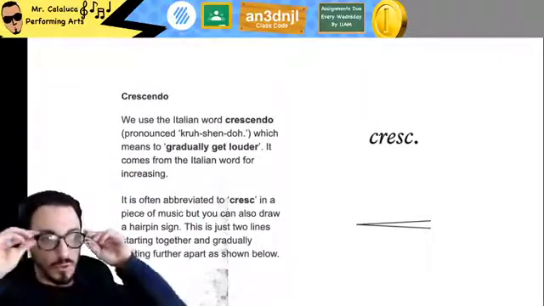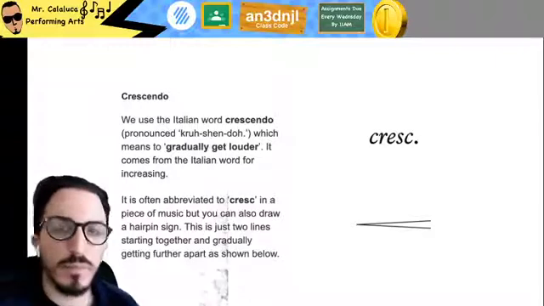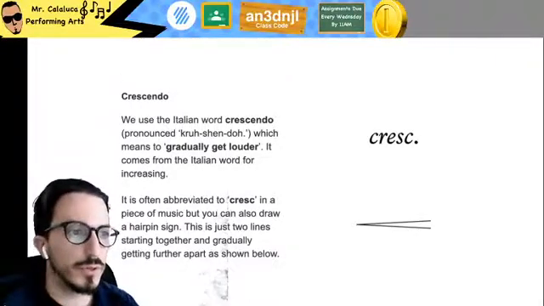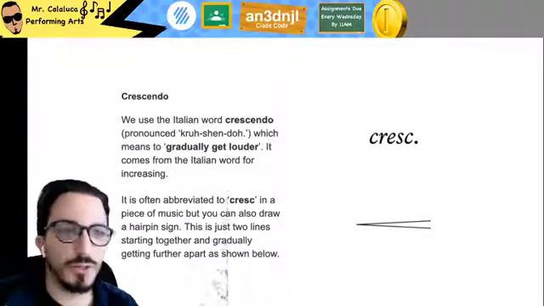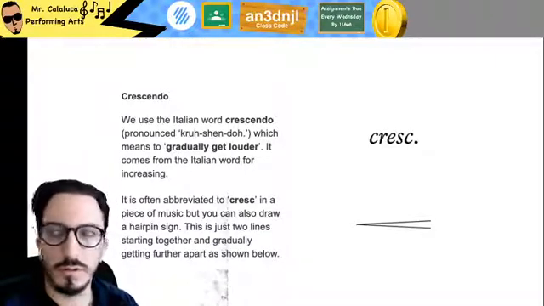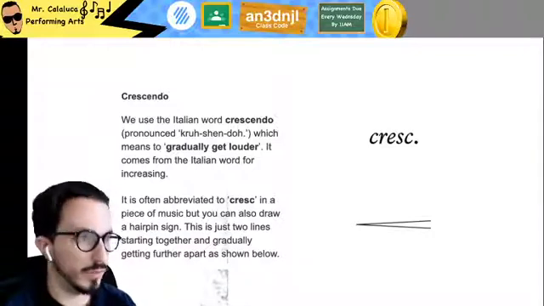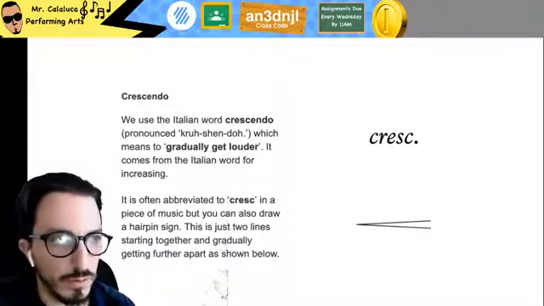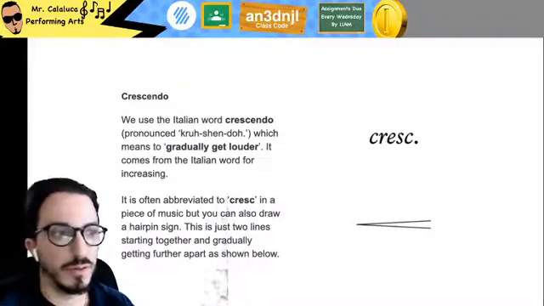Now we come to probably one of my favorite dynamics to use, which is a crescendo and decrescendo. Crescendo is the first one, which means gradually louder.